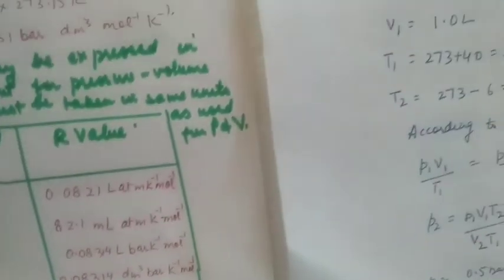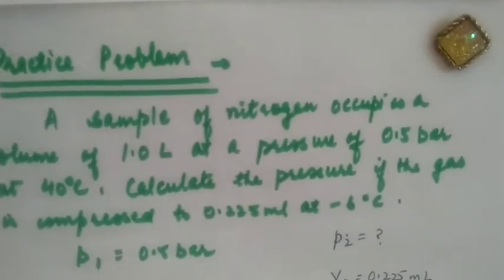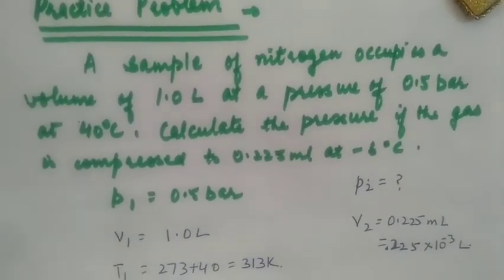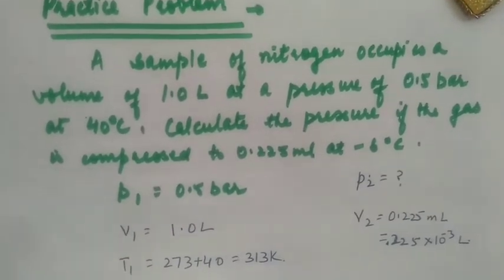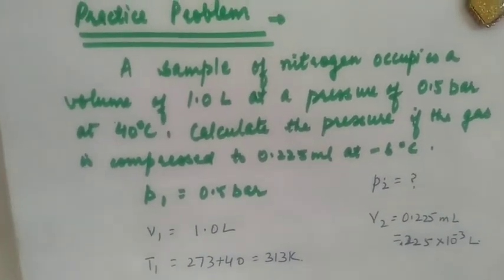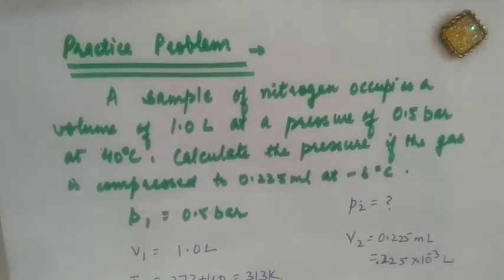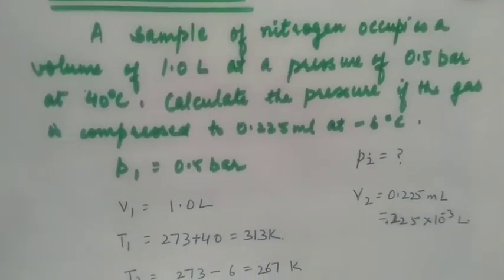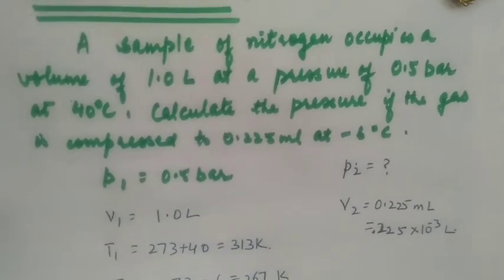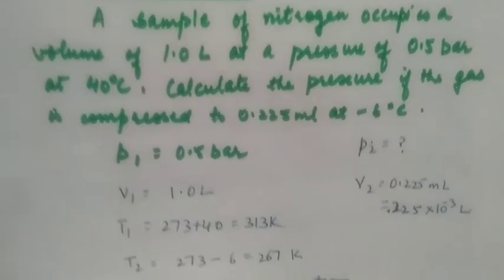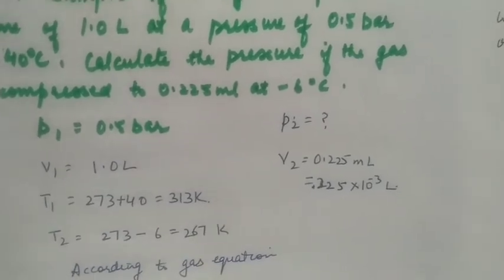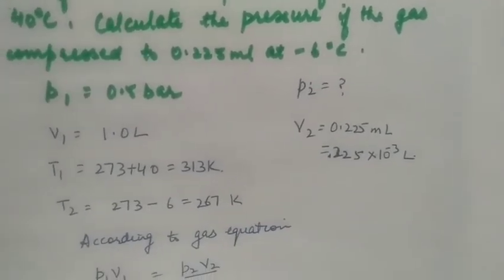So let us now take a practice problem. A sample of nitrogen occupies a volume of 1 liter at a pressure of 0.5 bar at 40 degrees centigrade. We have V1, we have P1, we have T1. Calculate the pressure, we have to find out P2, if the gas is compressed to 0.225 ml, that is V2, and minus 6 degrees centigrade, this is T2.